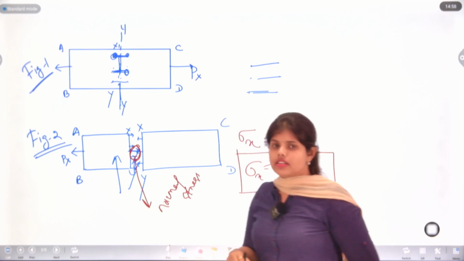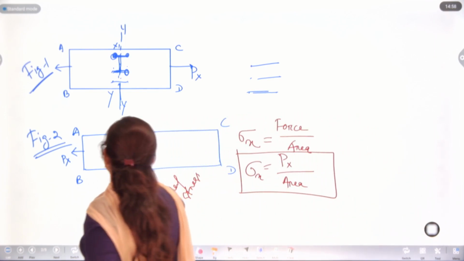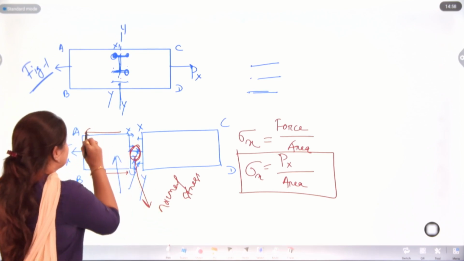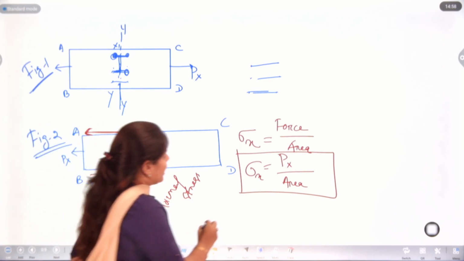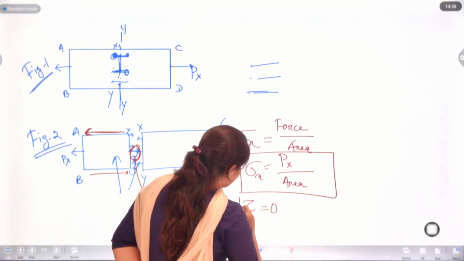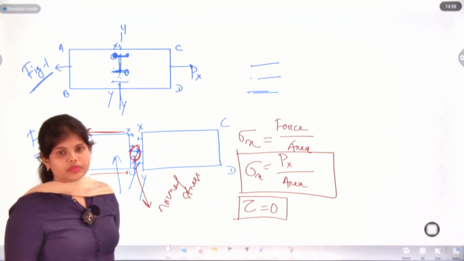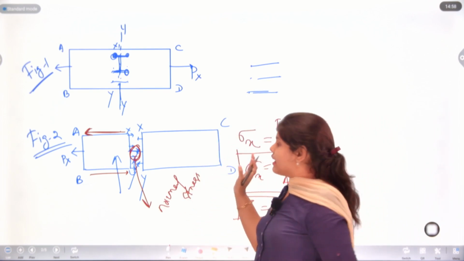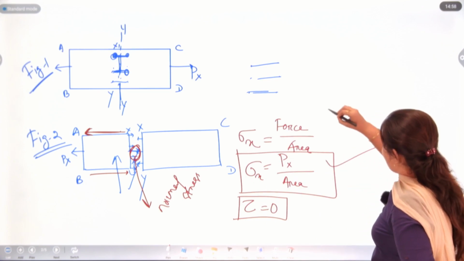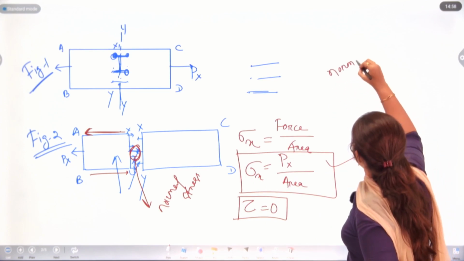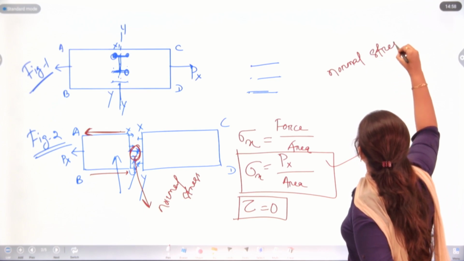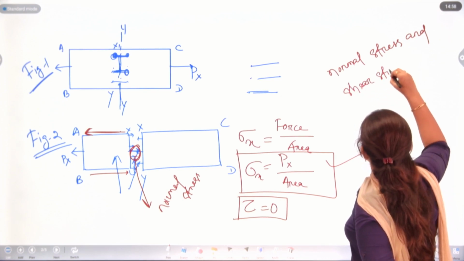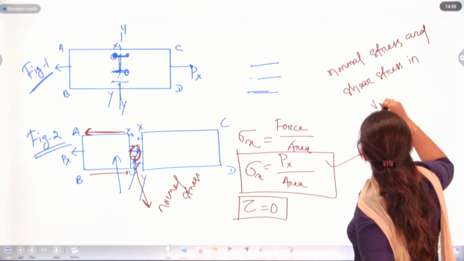What about shear stress? Here there is no stress acting parallel to or along the object, so we take shear stress as 0. Now we understand the action of stresses in the vertical section, with normal stress and shear stress in the vertical plane.